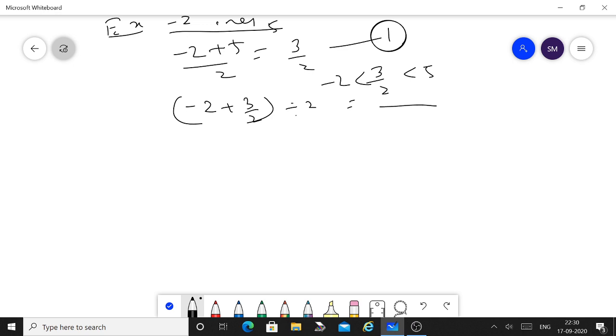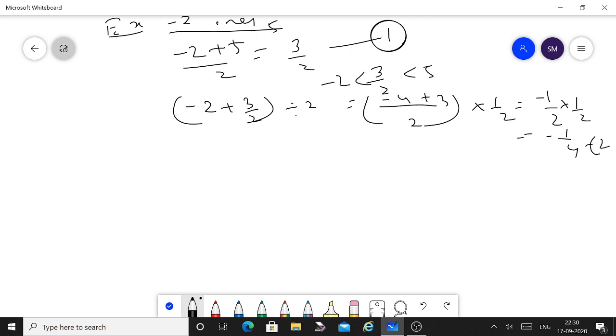Then -4 plus 3 upon 2, divided by 2 means into 1 upon 2. Am I right? That is -1 upon 2 into 1 upon 2. What do we get? -1 upon 4. Then this is the second number.